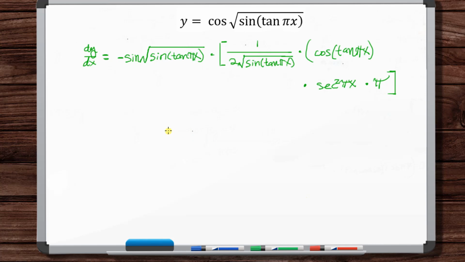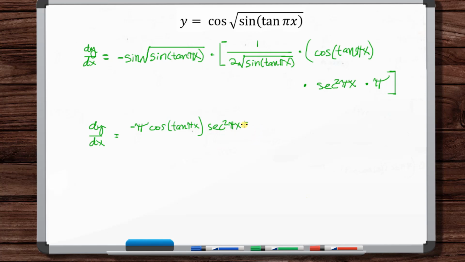So I don't know how you can clean this up. Let's bring the pi out front. So we've got minus pi, because you have a minus out here. And then cosine of tangent pi x, okay, and then secant squared pi x.